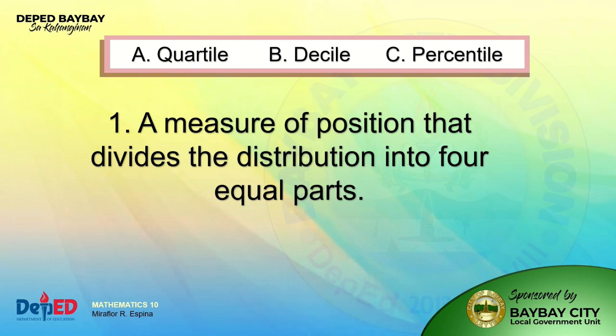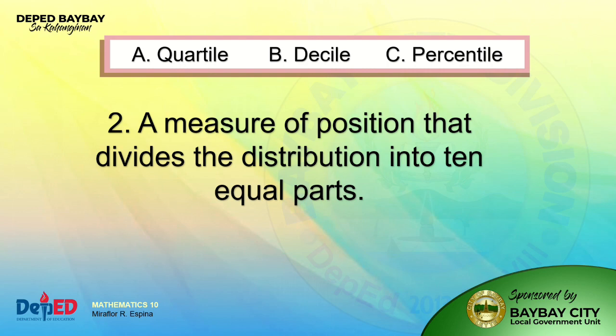Time's up. The correct answer is letter A. Great! You got the correct answer. Next, number 2. A measure of position that divides the distribution into 10 equal parts. Your time starts now. Time's up. The correct answer is letter B. Very good.